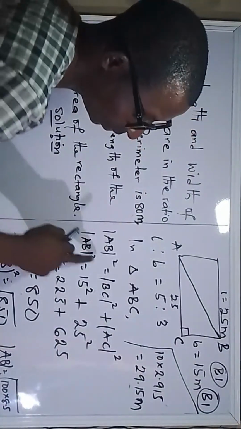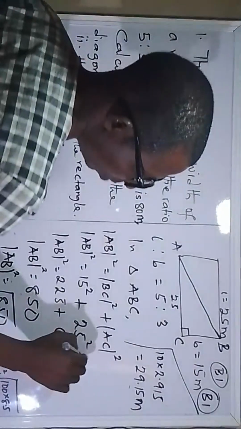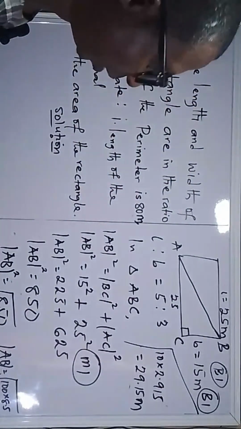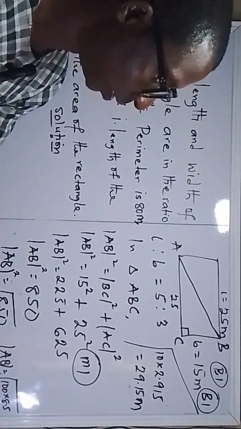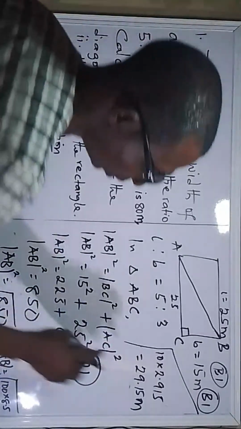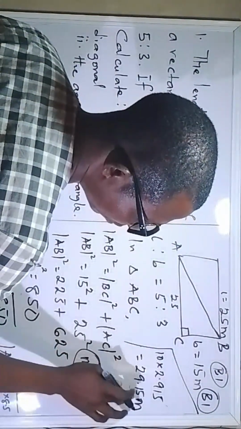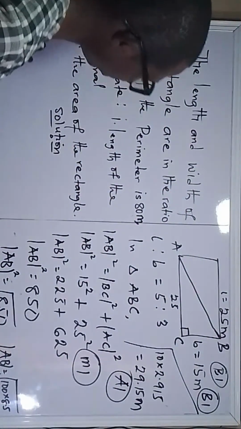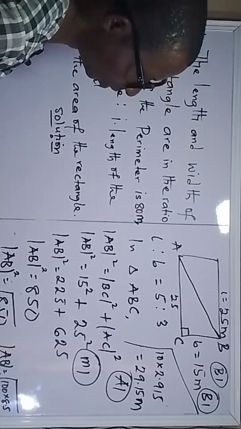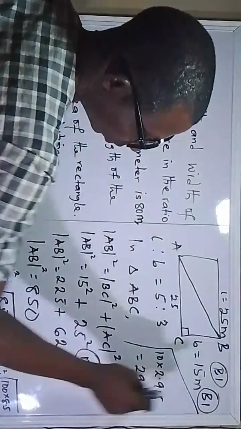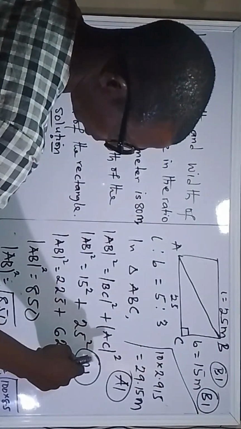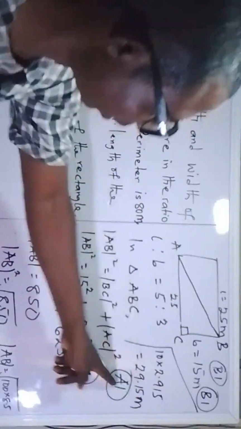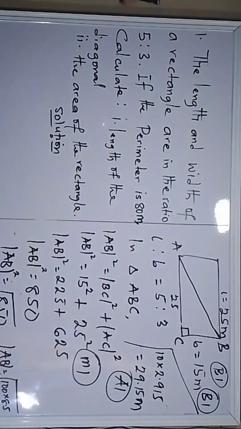For applying Pythagoras theorem, there's a method mark, M1. And for getting the answer to be 29.15 meters, you have A1. So what's the total mark for Roman figure 1? We have 1, 2, 3, 4. So 4 marks.